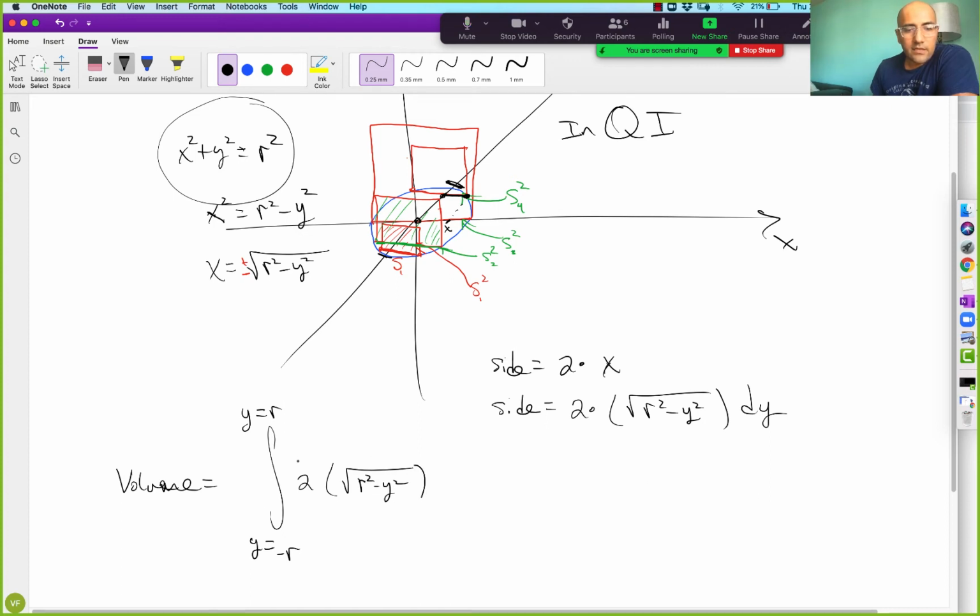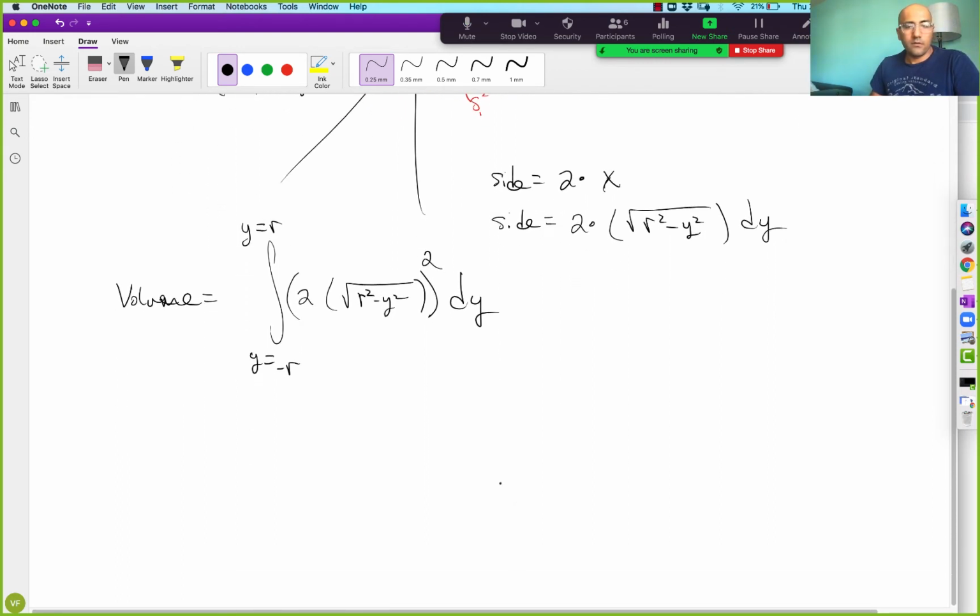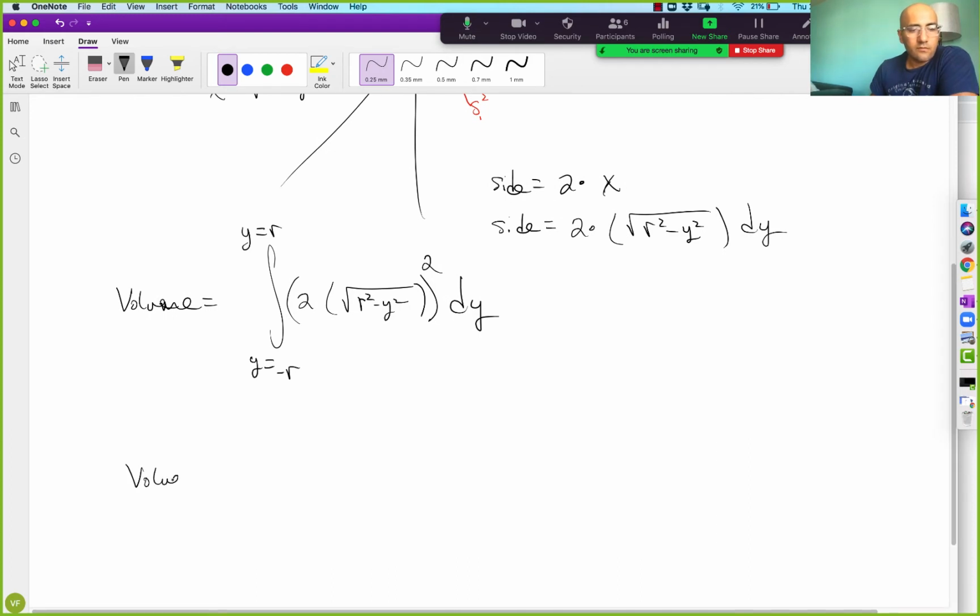This is the side, and then that whole thing gets squared. This is the area of each rectangle times its little width. So the volume is going to be equal to the integral as y goes from negative r to positive r of 4 times r squared minus y squared dy. Everyone with me?